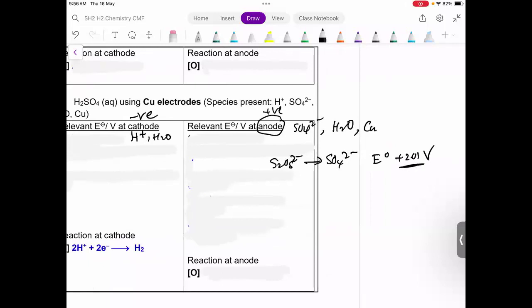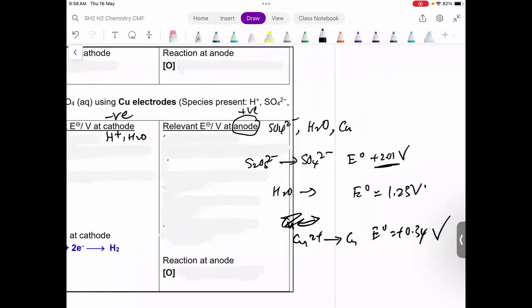Whereas water undergoing reduction has E0 of 1.23 volt. Then copper 2+ to copper, E0 is a positive 0.34 volt.